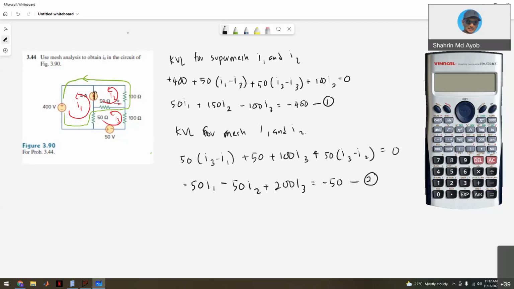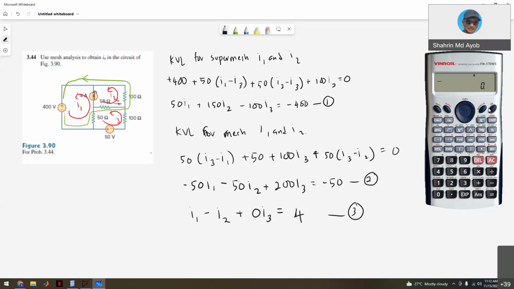So I can write down my equation: I1 minus I2 plus 0 I3 is equal to 4 amperes, or 4 only. So this is your third equation.